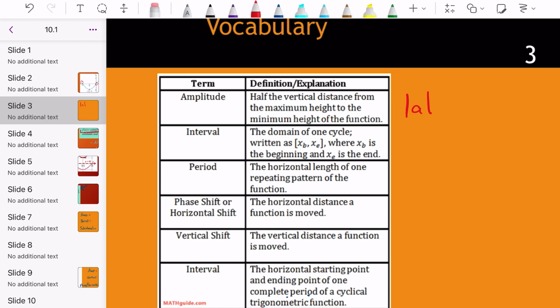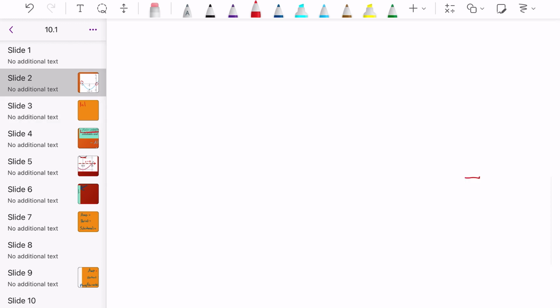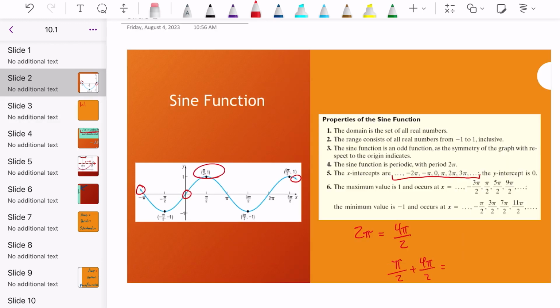Now, an interval. An interval is the domain of one cycle, written as x_b, comma, x_e, where x_b is the beginning and x_e is the end. So if we go back to slide 2, an example of that would be if we began at the 0, 0 or our origin.